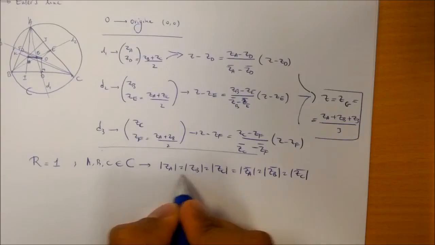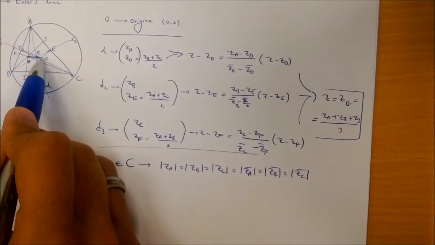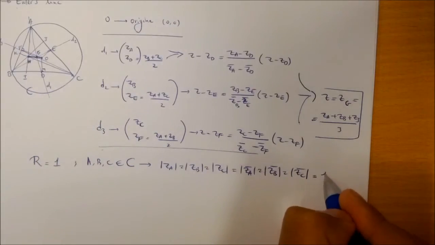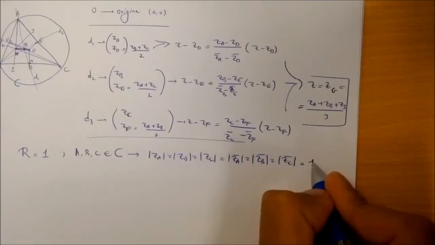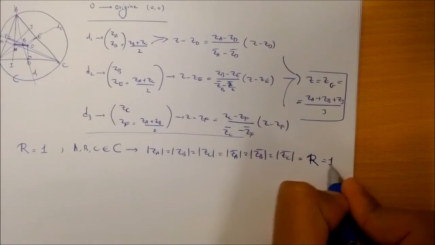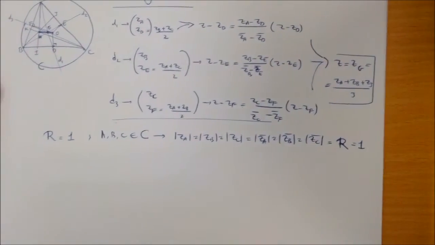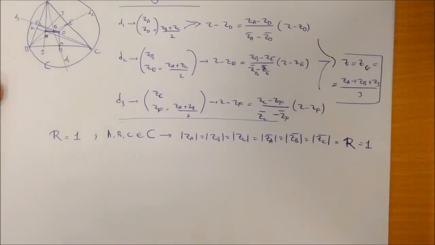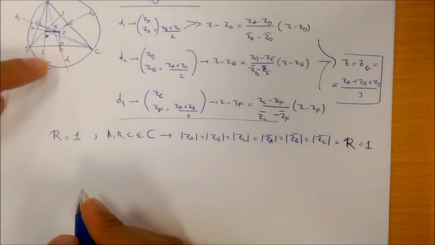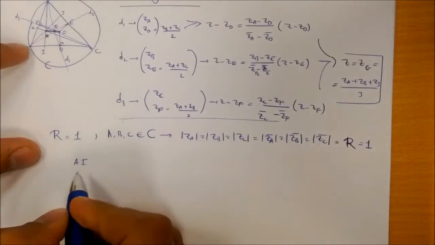These are the distances between the points A, B, C and the origin, and these will be 1. These in fact are the radius of the circumscribed circle, which is 1. We consider the line passing through A and I, and the line BC.